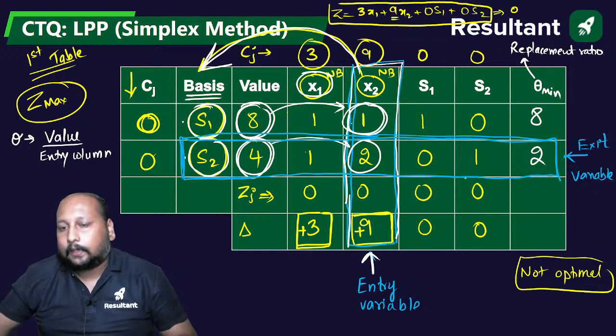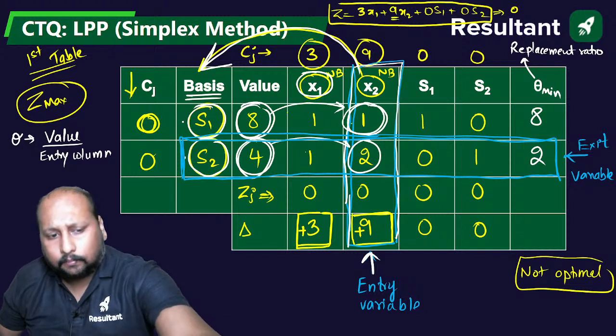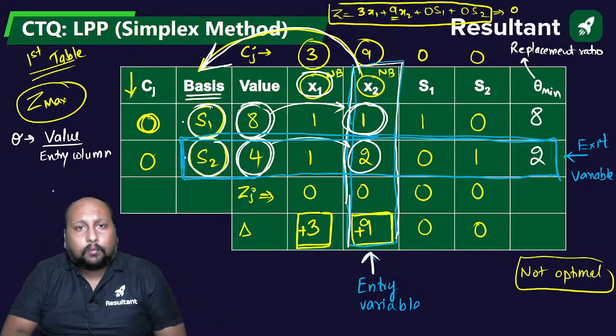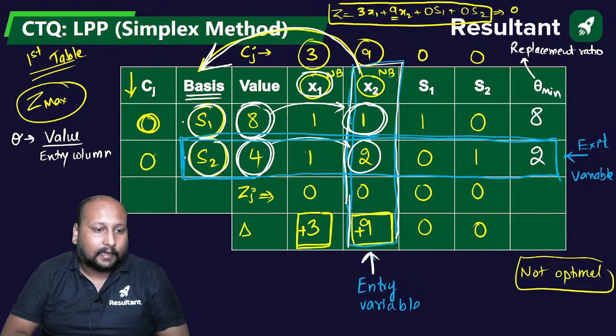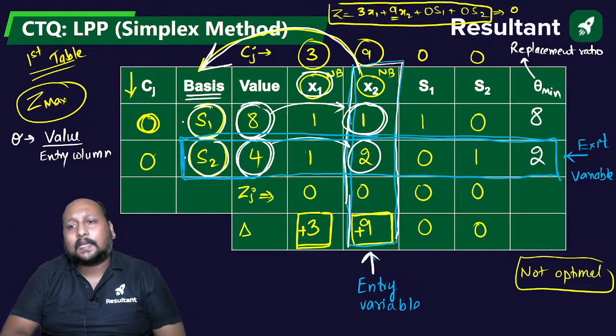Clear है? We can call it as exit row or entry column. That is also possible, but normally the nomenclature is exit variable and entry variable.